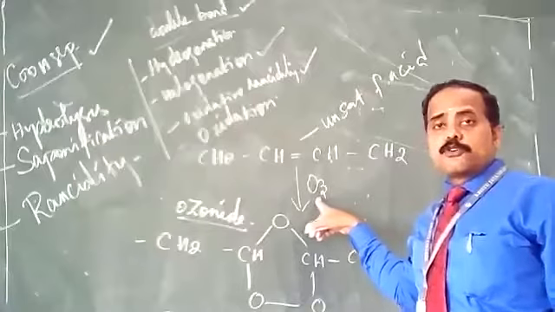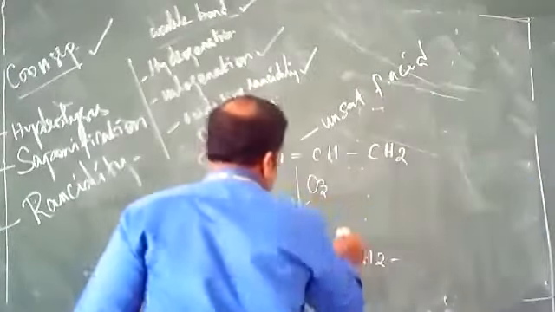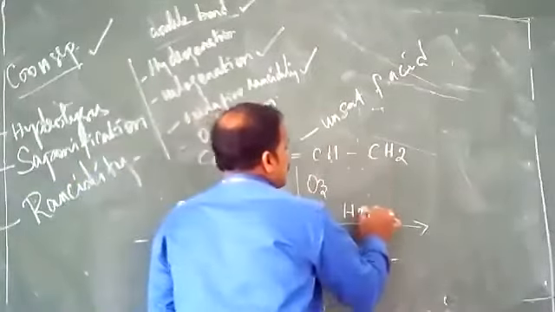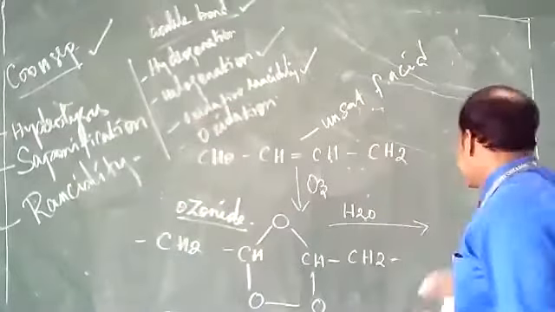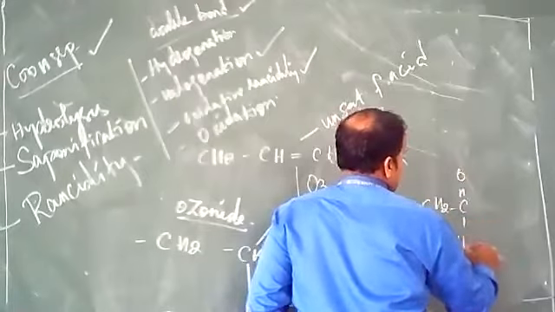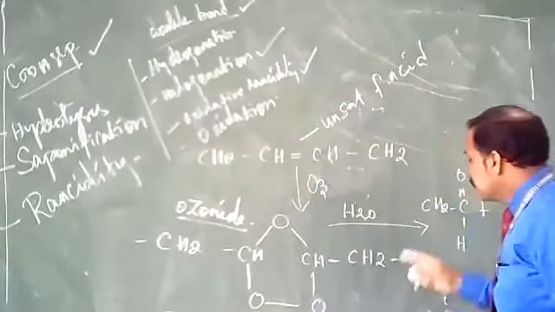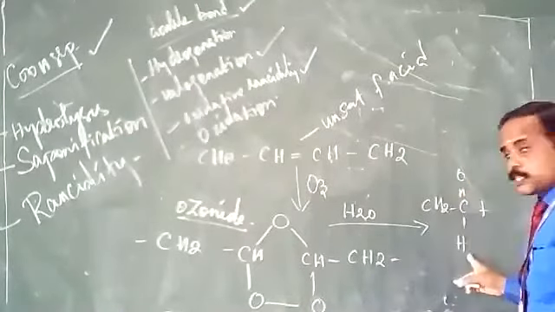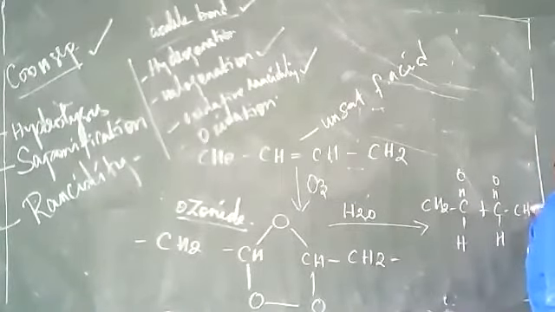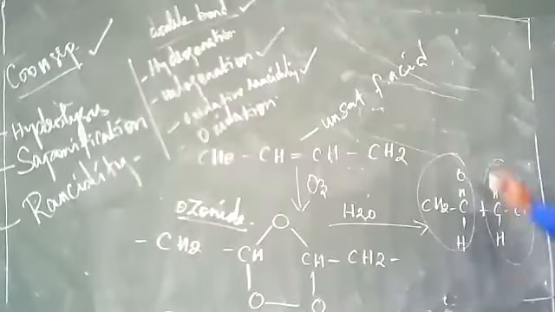With the action of ozone, O3, it forms the unstable compound ozonide, and then with further hydrolysis, it results in the formation of short chain fatty acids. A short chain fatty acid can be represented as CH2, C double bond O H. Again here, C double bond O H, CH2. These are short chain fatty acids. This is one short chain fatty acid. This is again a short chain fatty acid.